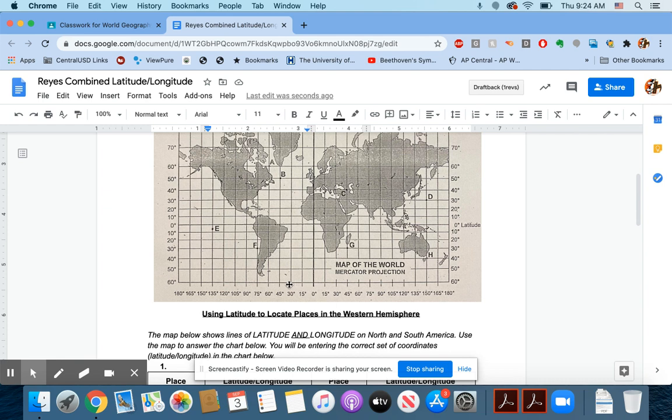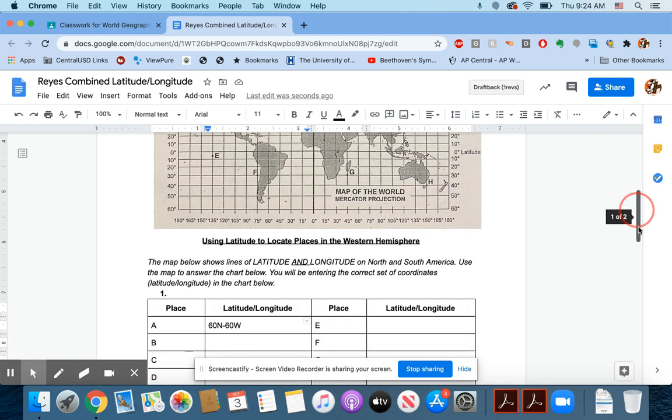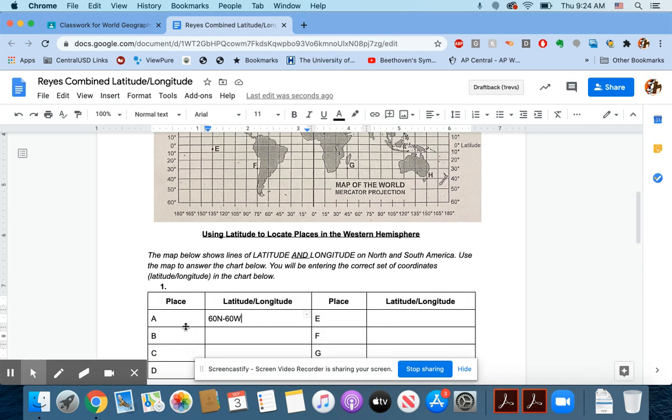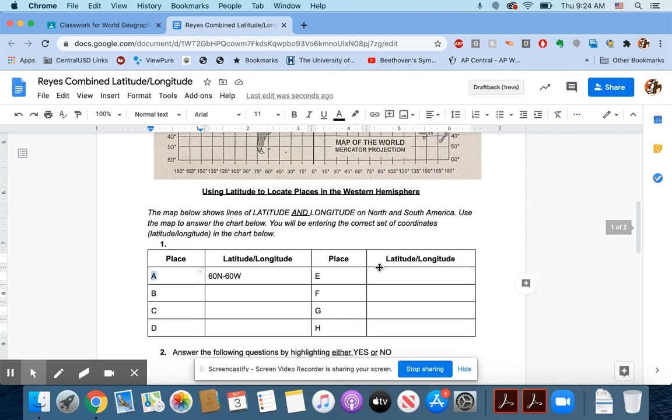So 15, 30, 45, this is 60 west right here. Well, if I go to 60 west and where it meets 60 north, I'm going to come to location A. So if you go back down to the worksheet here, 60 north, 60 west, what place am I at? I'm at A.